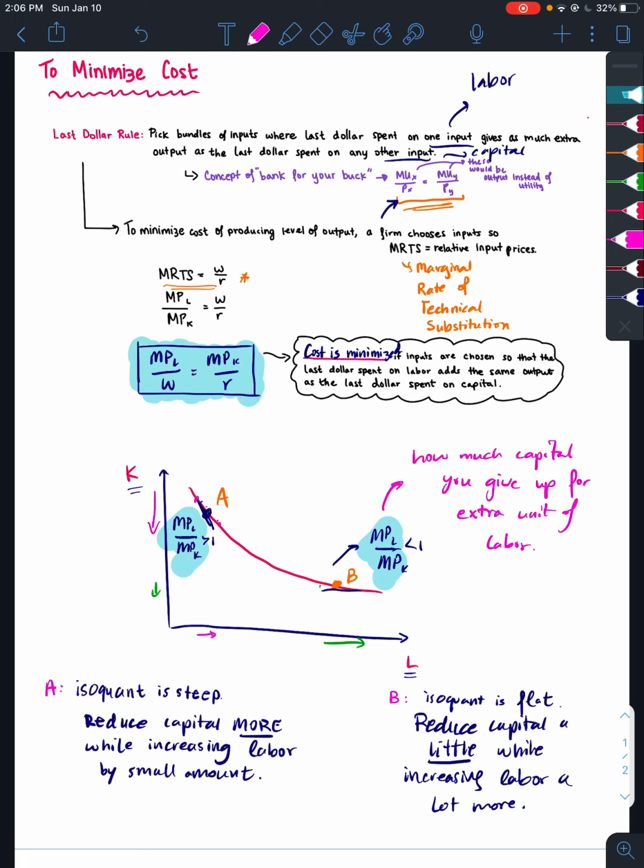If MPL over MPK is less than 1, like right over here, then you're willing to give up less capital for an extra unit of labor. So that is the basic concept of how cost minimization works and what this dy dx, or the MPL over MPK, really means.